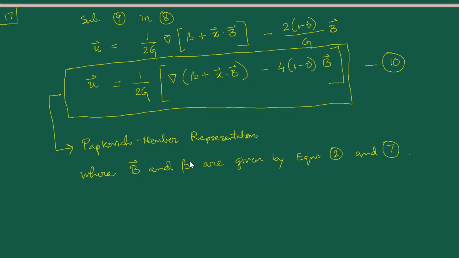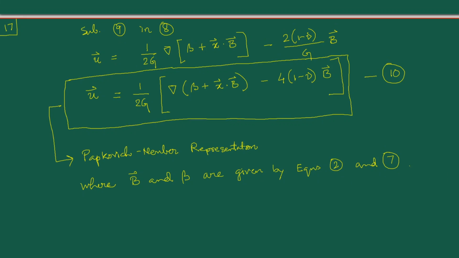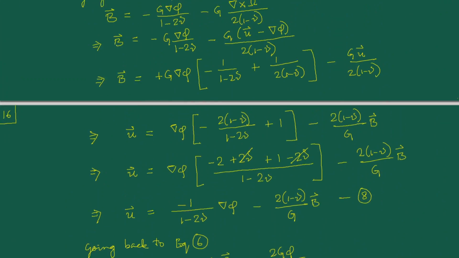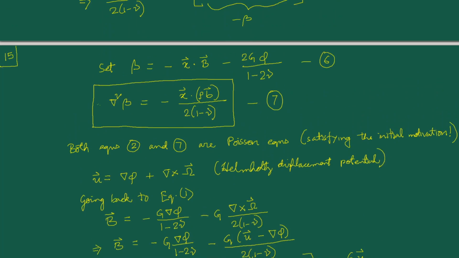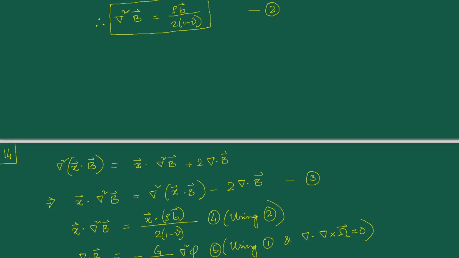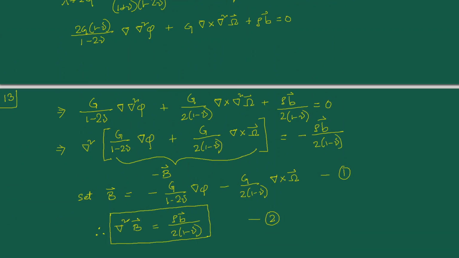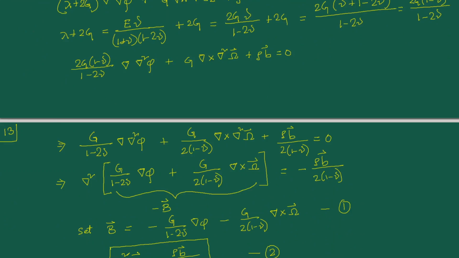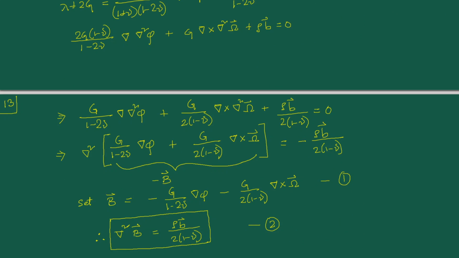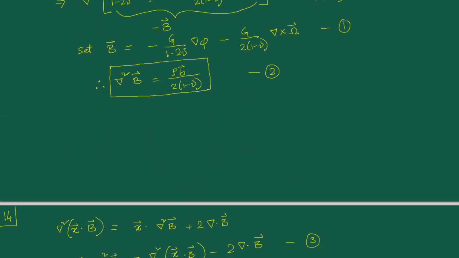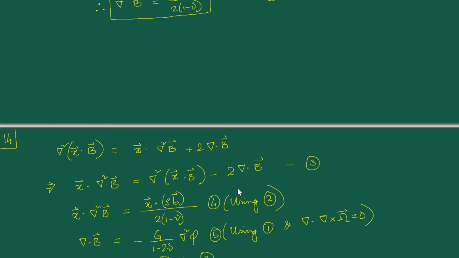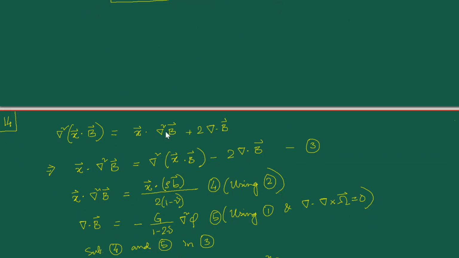So what remains? One thing which may be bothering you a little is that we have not yet done the proof for this equation number 3, or equivalently this one.